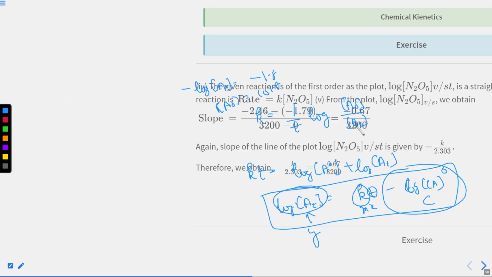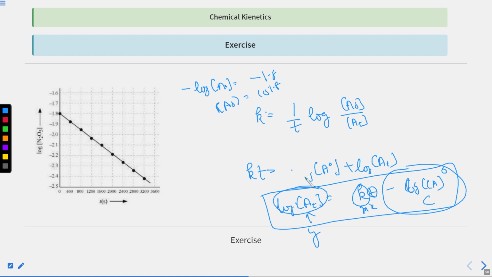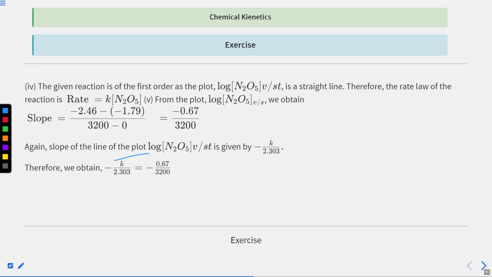If you see this equation here, it is basically ln, not log, and it is minus here, sorry for that. Now this will be 2.303, so they have taken t as the x-axis. k by 2.303 is our slope, that would give us this.